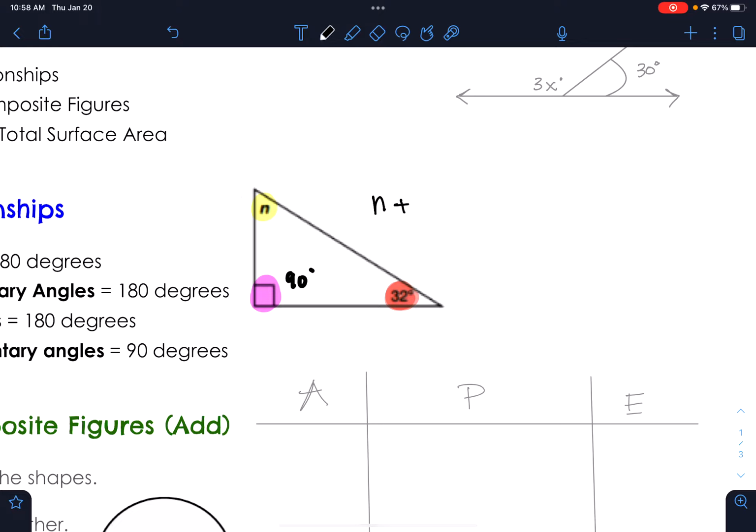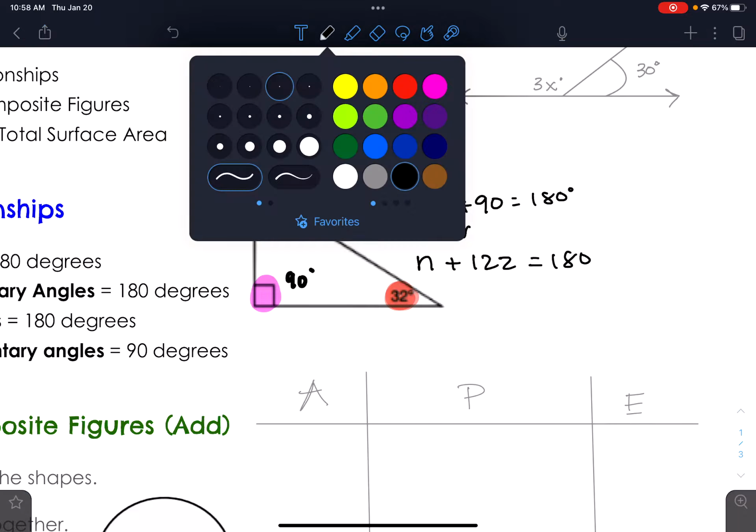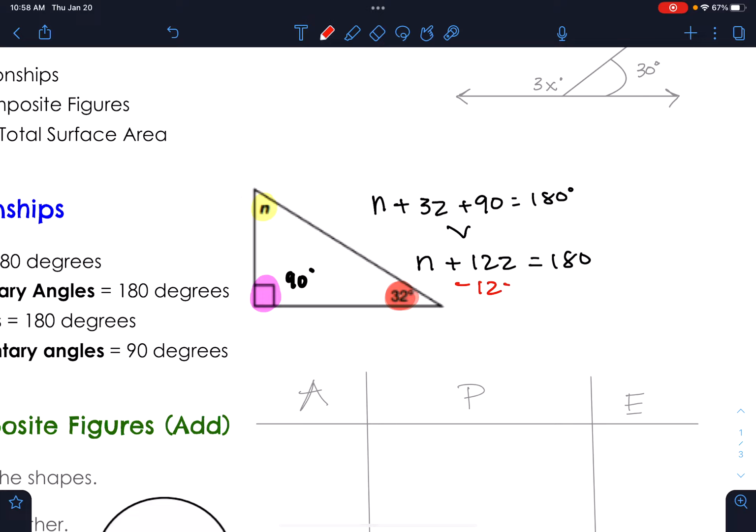So we have n plus 32 plus 90 equals 180 degrees. Why? Because this is a triangle. We can combine like terms. We have n plus 122 equals 180. We can now subtract the 122 from both sides.